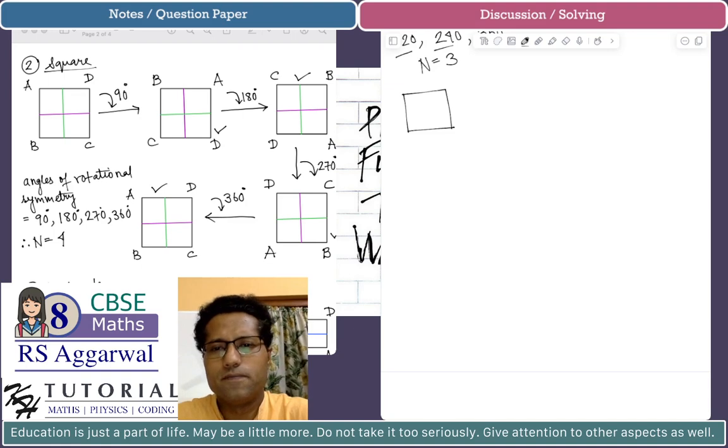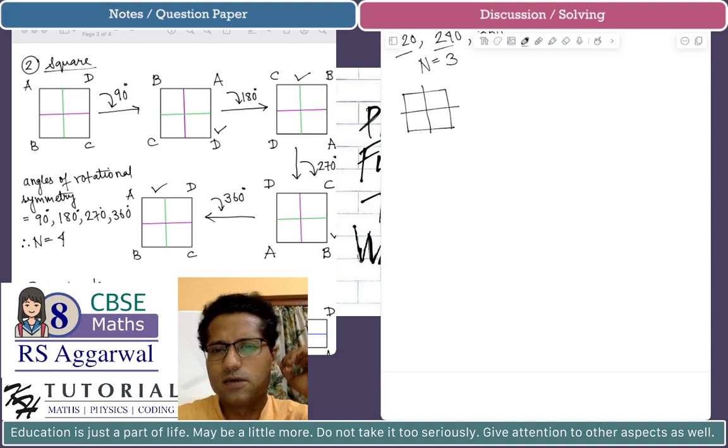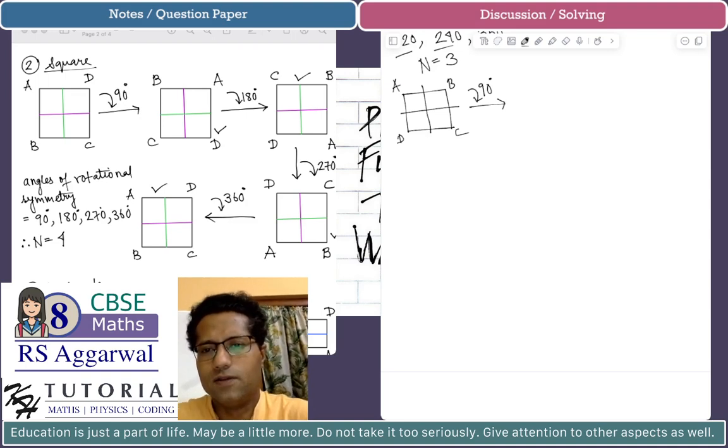So let's say these are 2 lines of symmetry which are the lines joining the midpoints of the 2 opposite sides. Now let's say this square is A, B, C, D. Now if I rotate this square by 90 degree in the clockwise direction, the square will look exactly the same as the square in position 1.